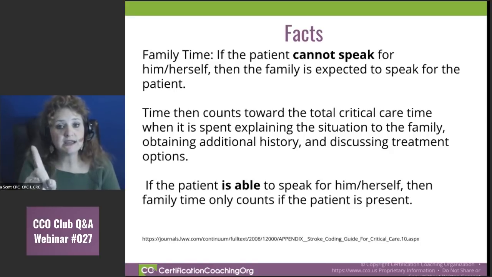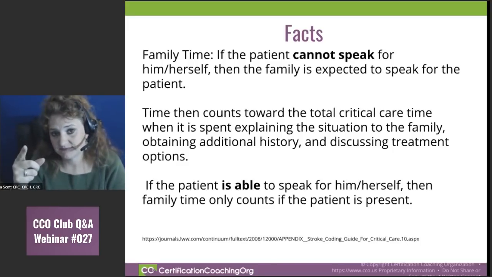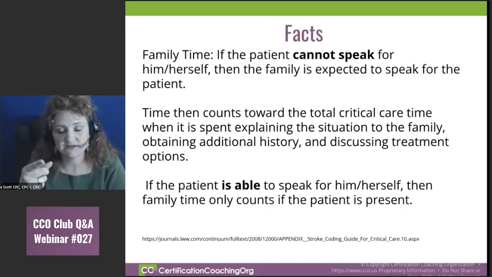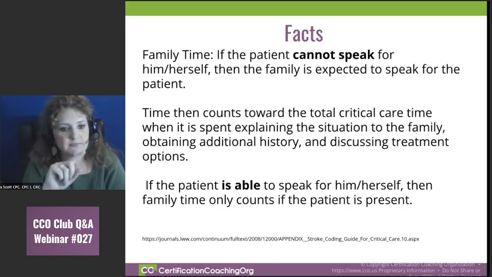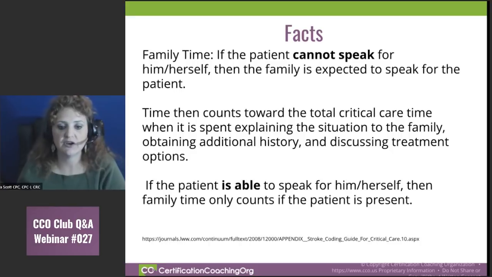But only if it's documented that the patient is not able to verbalize for themselves. You know, they aren't able to speak for themselves. If that's not documented, then that family time is not counted. If the patient is able to speak for themselves, any of that talking for critical care doesn't count. All right? Very important.